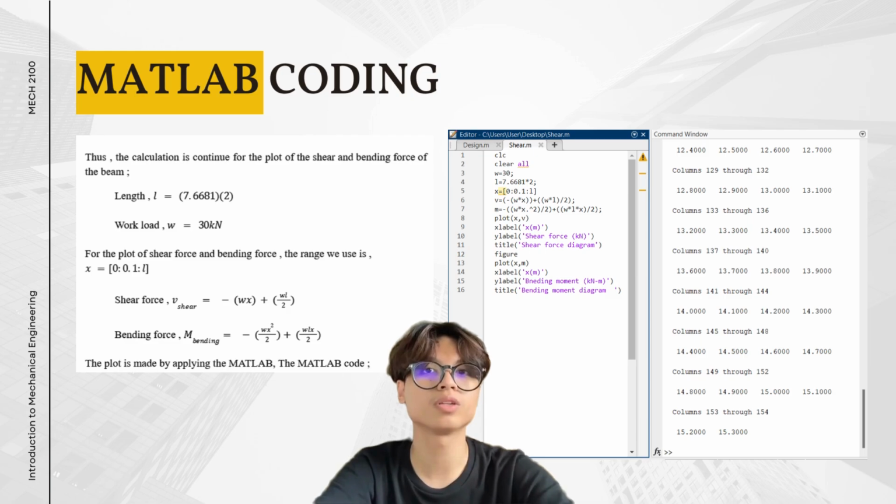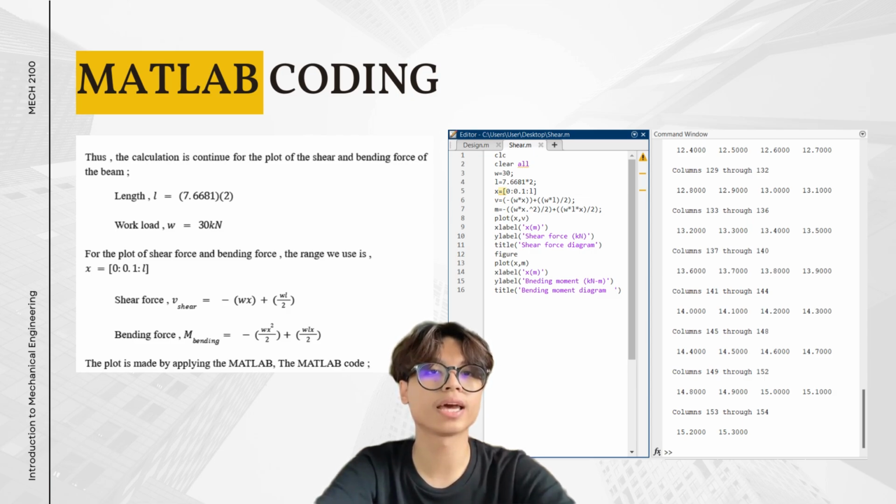As we know, we got all the information in the previous equation. So we got the weight equal to 30 kilonewton, and the length is equal to 7.6681 times 2. The x here, as I said before, represents the axis on the diagram.